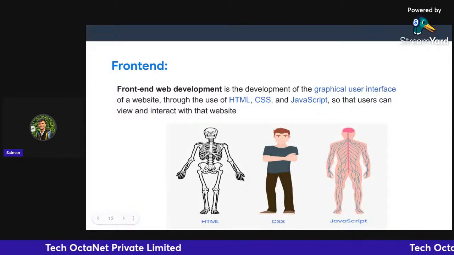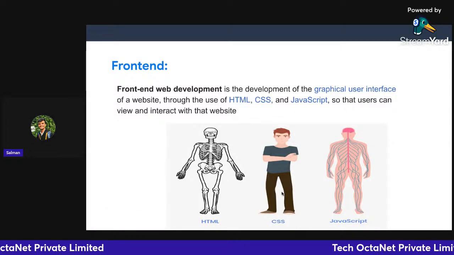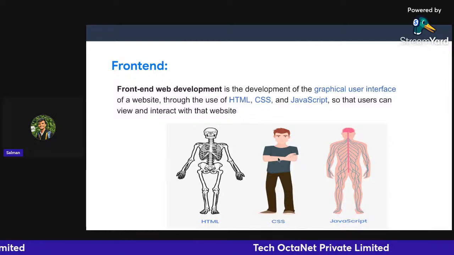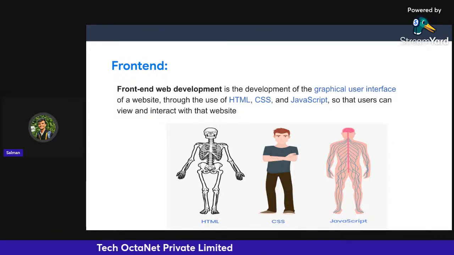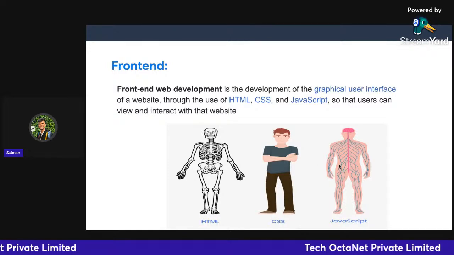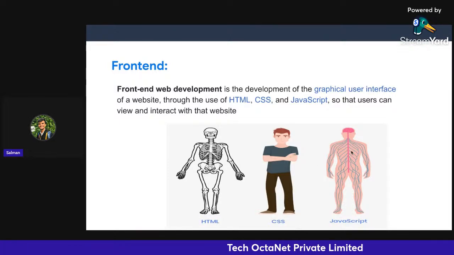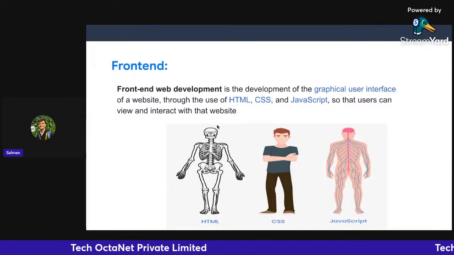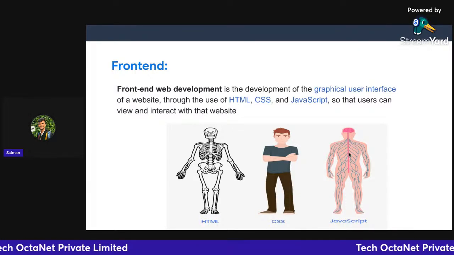On the other side, we have CSS, where we have a person dressed properly with proper attire. And in the third diagram, we have the nervous system of a human. So HTML, CSS, and JavaScript.